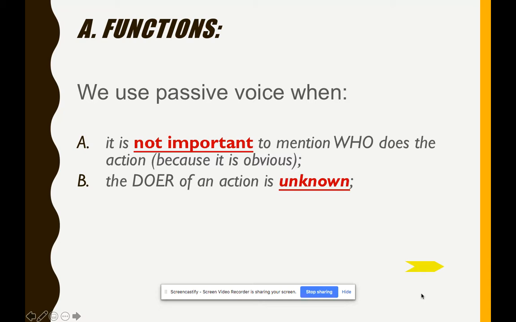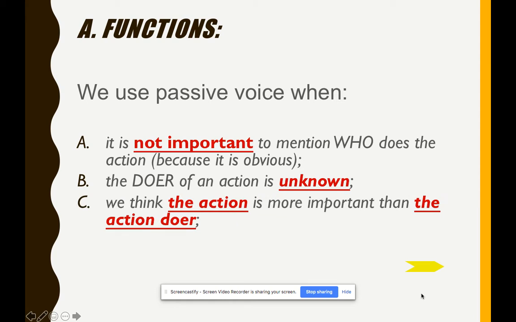In other words, when we don't know who does the action yet, we'll use passive voice. And number three, when we think the action itself or the action receiver is more important than the action doer, okay, we use passive voice. Okay, so I will explain in using some examples.